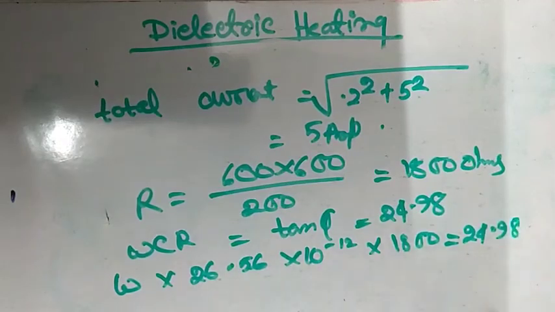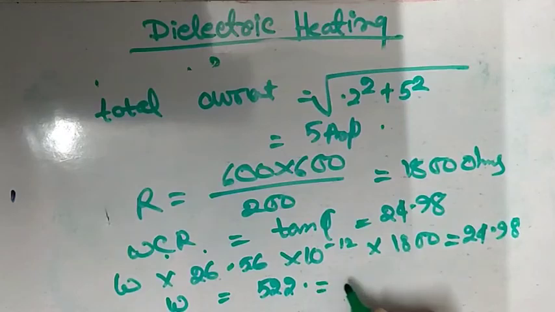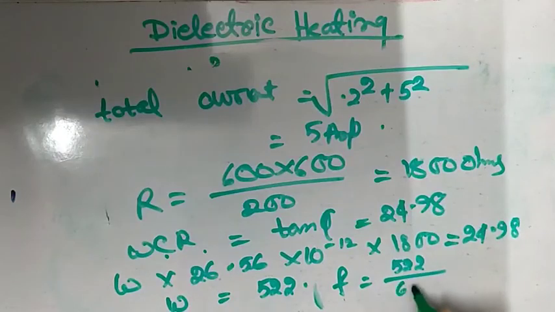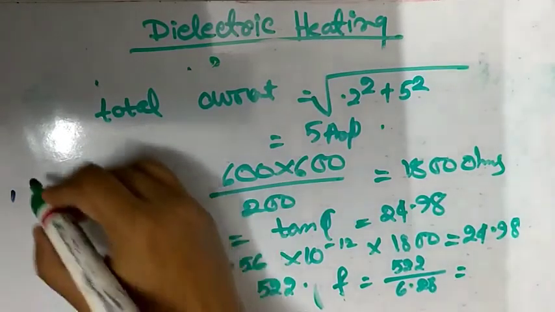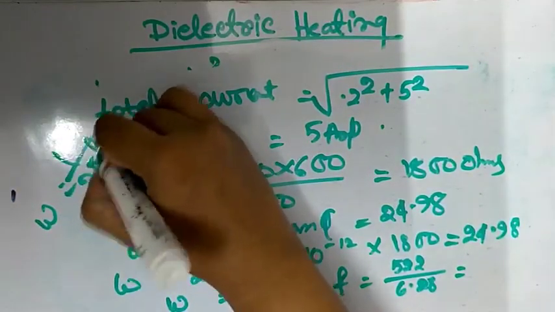I just put the value of C and R. So omega is equal to 522 million, and from here frequency is equal to omega by 6.28, because omega is equal to 2 pi f.